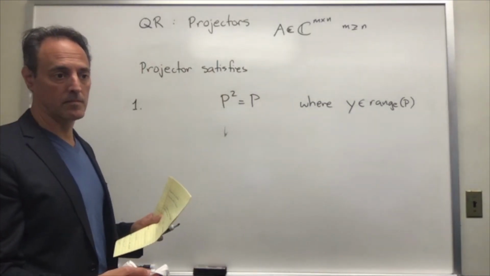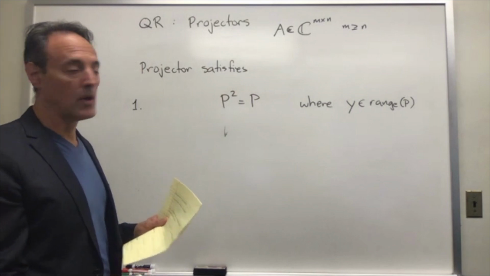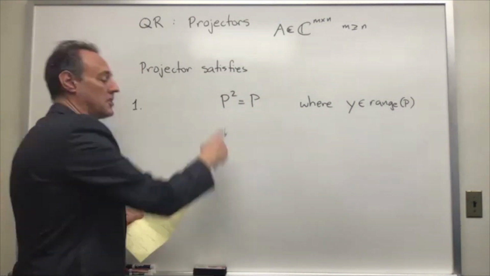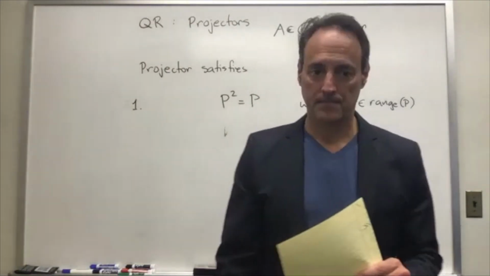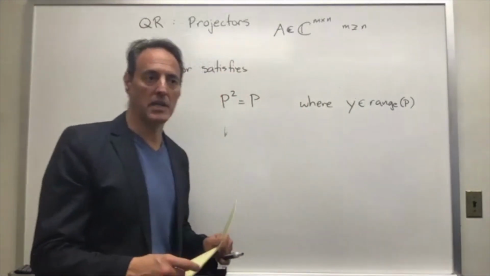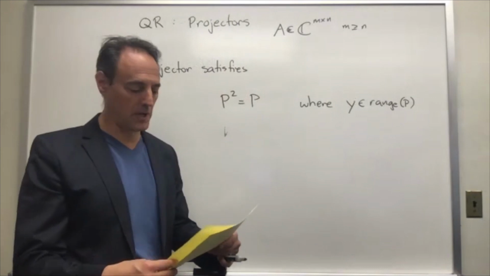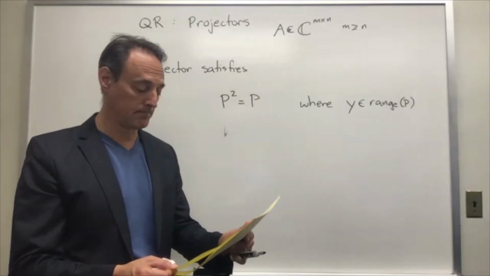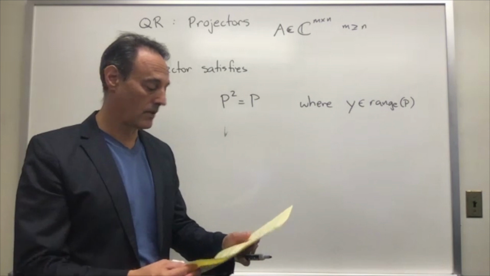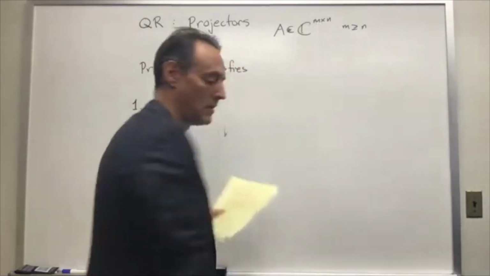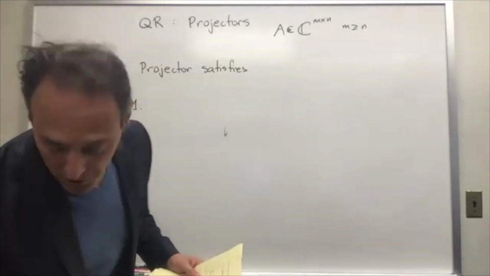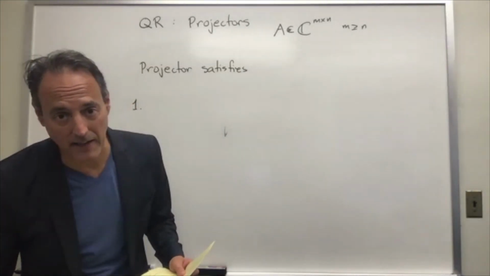We can't define P squared equal to P for non-Hermitian, right? This doesn't require it to be Hermitian. So that's a restriction you don't have to impose. Okay, thanks. So in other words, an oblique projector still satisfies that.